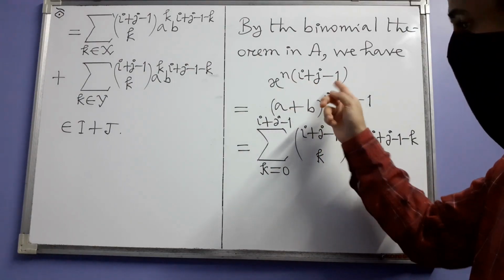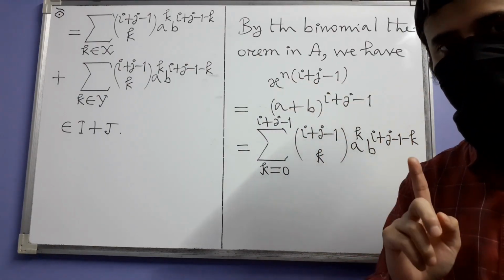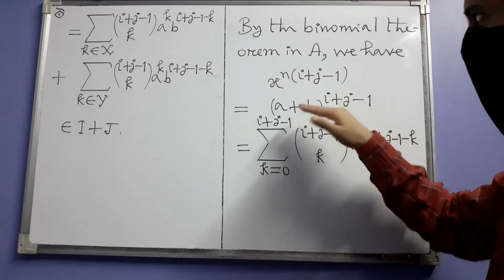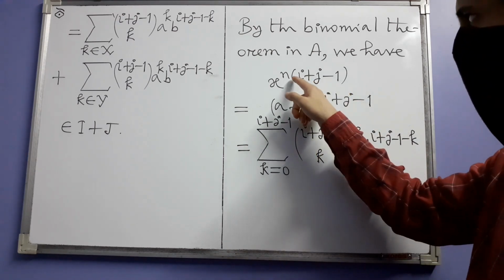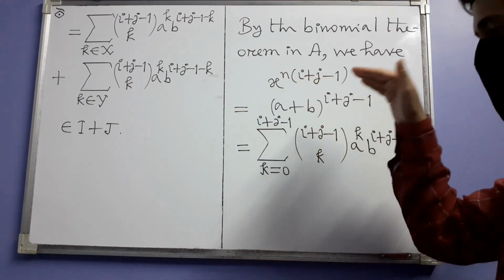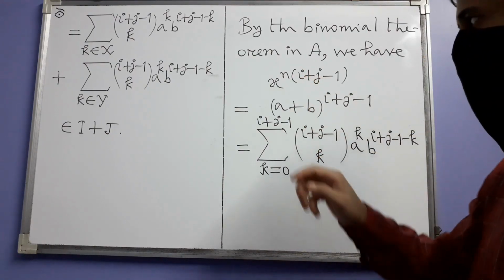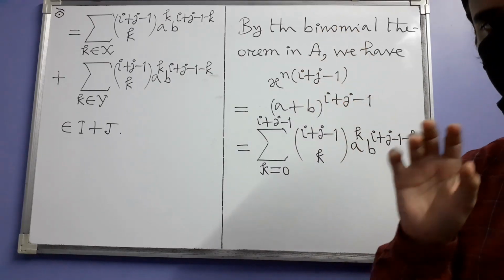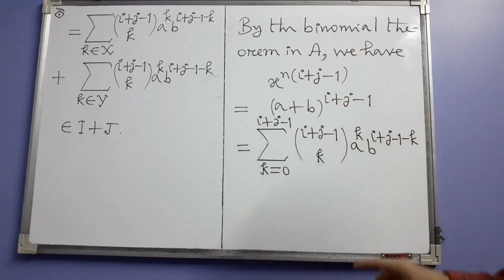Because n and i plus j minus 1 are both positive integers, this rule of exponents, where you can take one exponent first and then the other, is applicable here, in spite of A being just a ring and not a field.